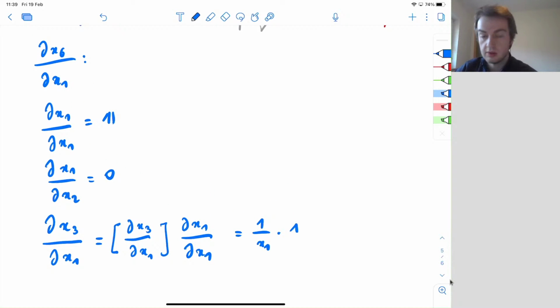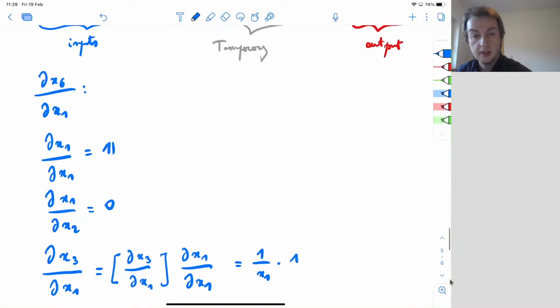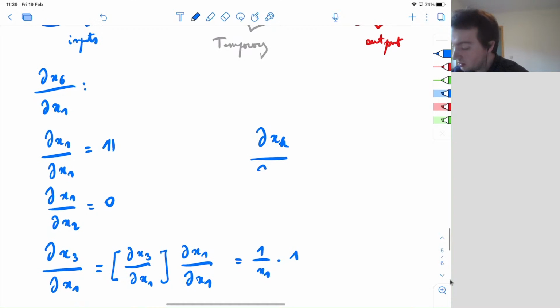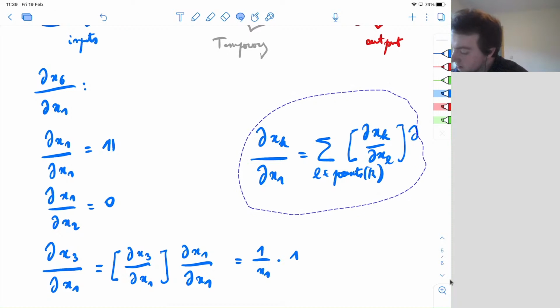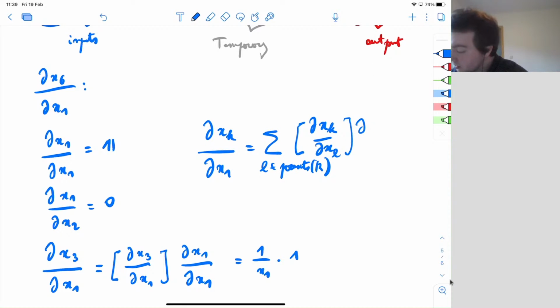Maybe I should just give you back the recursive update that you would apply so that it's easier. So what you want to do is to apply recursively this, which is defined as the sum over the parents of x_l of the derivative of x_l times the Jacobian of x_l with respect to x1.